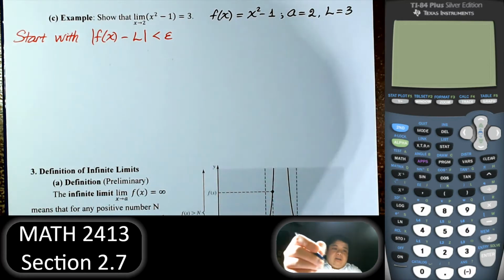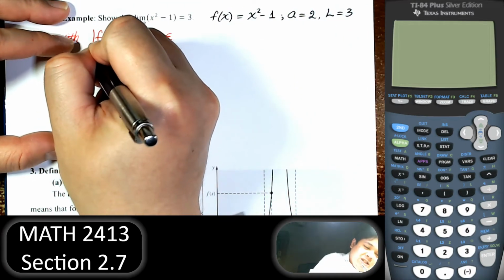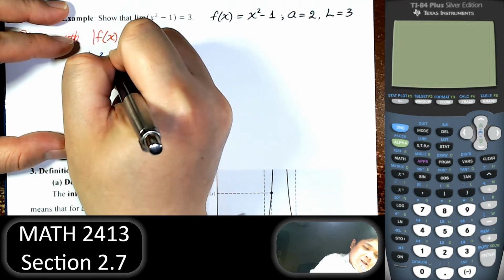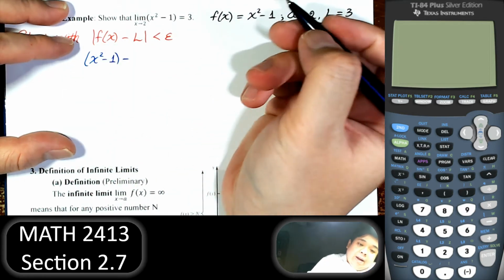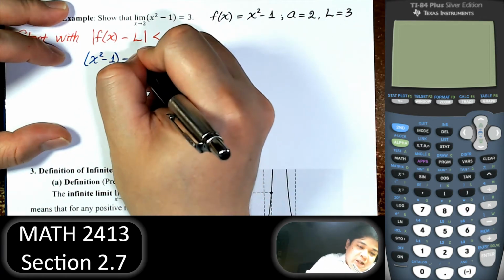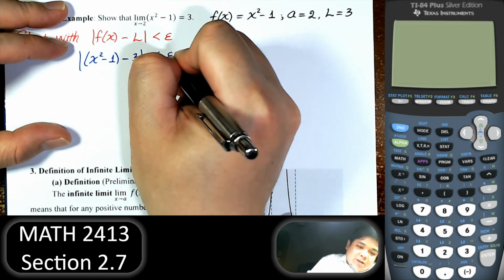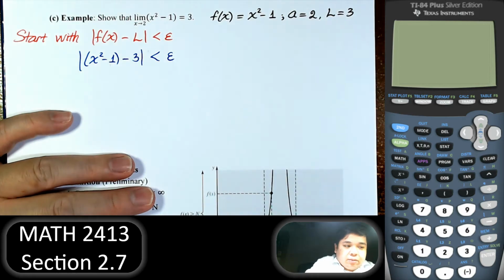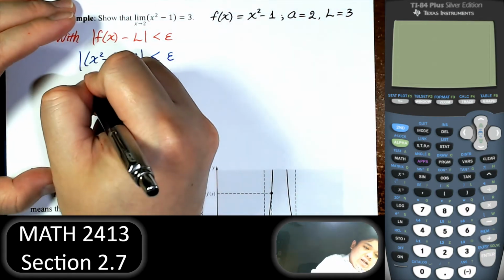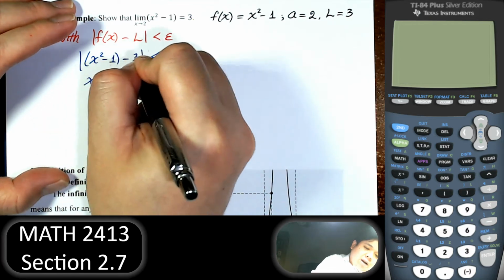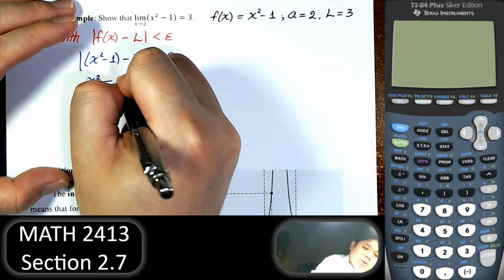Right, so let's start. x squared minus 1 minus L, which is 3, less than epsilon. So we have x squared minus 1 minus 3, which is minus 4.